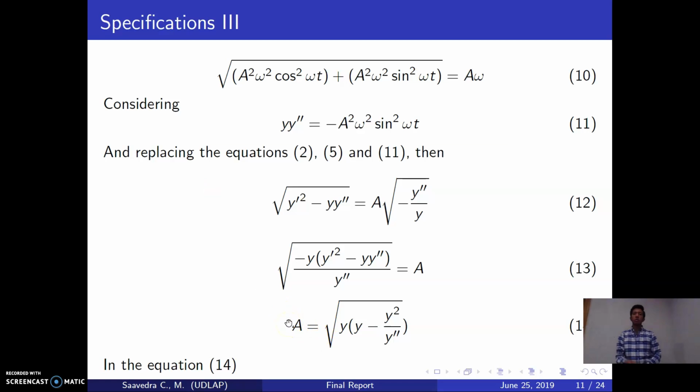We can obtain the amplitude by doing the square root of the original signal multiplied by the original signal minus the original signal squared over the second derivative. You can see here that we don't have to use any amplitude or frequency or any other values, just data, and just with the data we can obtain these results and these Fourier coefficients like the amplitude.